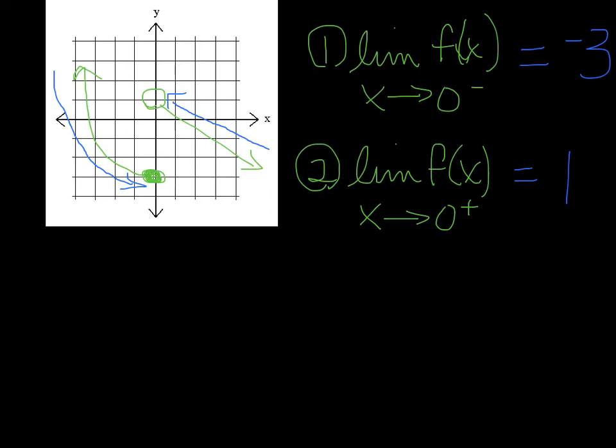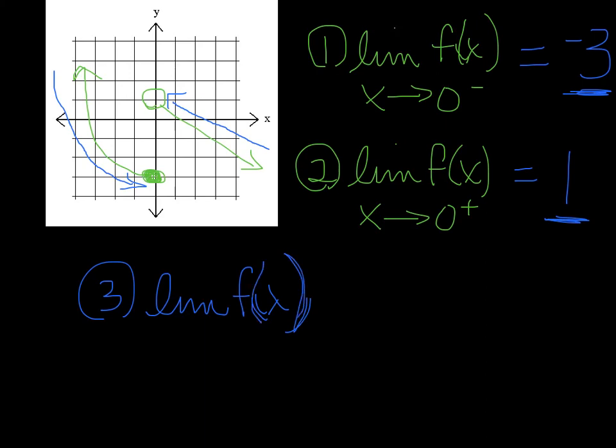Now if you look at these two examples, they are one-sided limits, but notice that their y values, their answers, are different numbers. So in this case, if we're looking at the two-sided limit of the function as x approaches 0, we would say it does not exist.